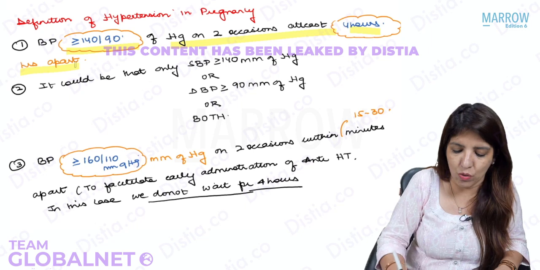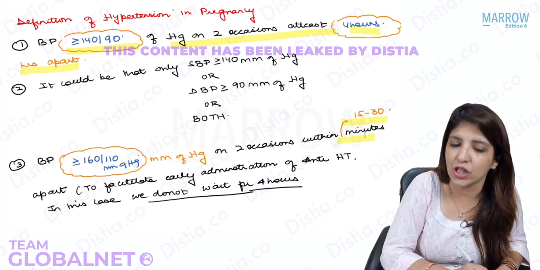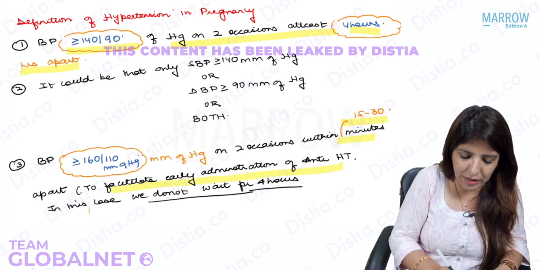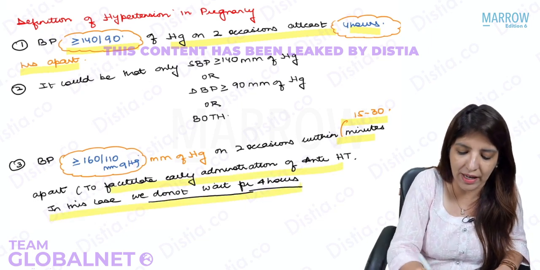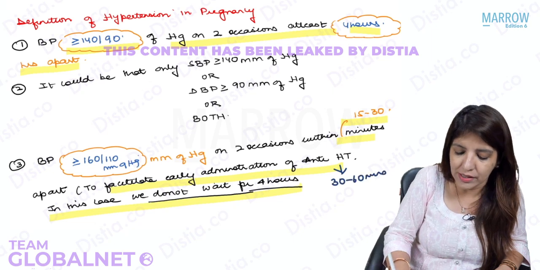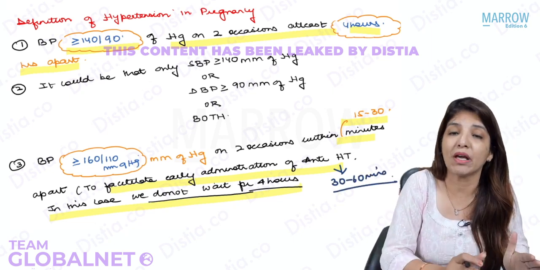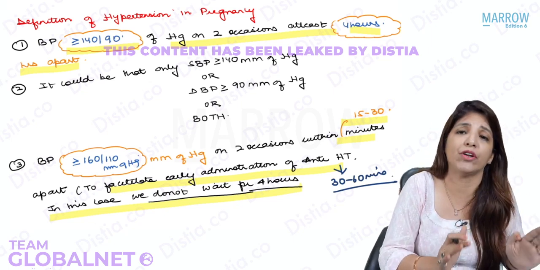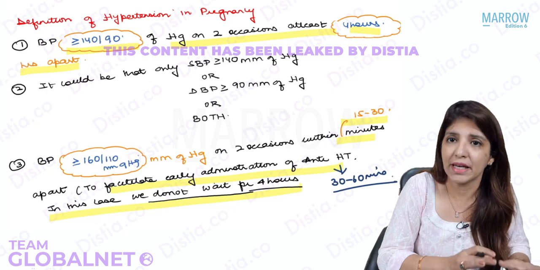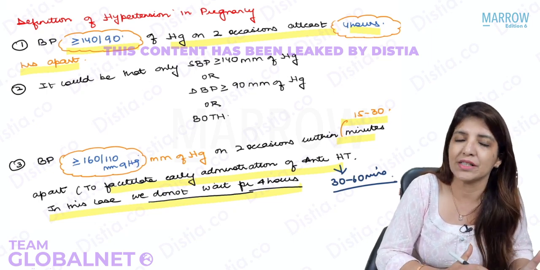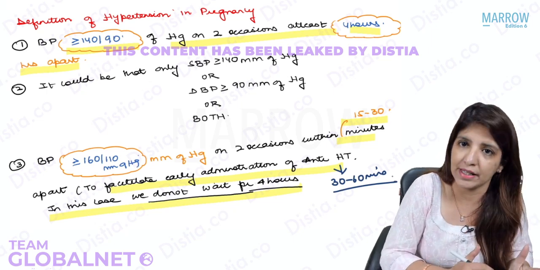You have to repeat the BP within 15 to 30 minutes, because in this case, you have to administer antihypertensive, and antihypertensive should be given between 30 to 60 minutes, right? Ideally, it should be given as soon as possible, but at least within half an hour to 1 hour of making a diagnosis of hypertension where the BP is more than 160/110, you have to give antihypertensive.